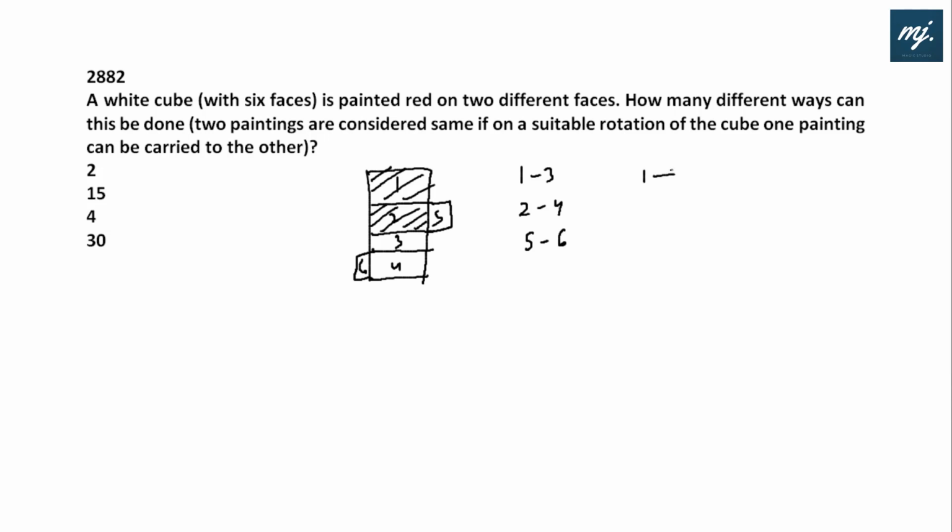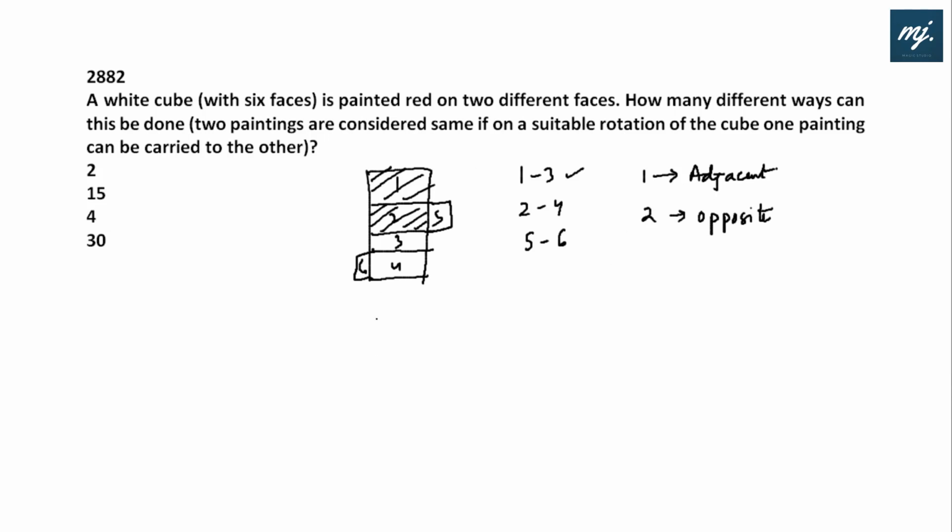So the first coloring can be on adjacent sides. If I color on 1 and 3, that will be the second coloring, on opposite sides.